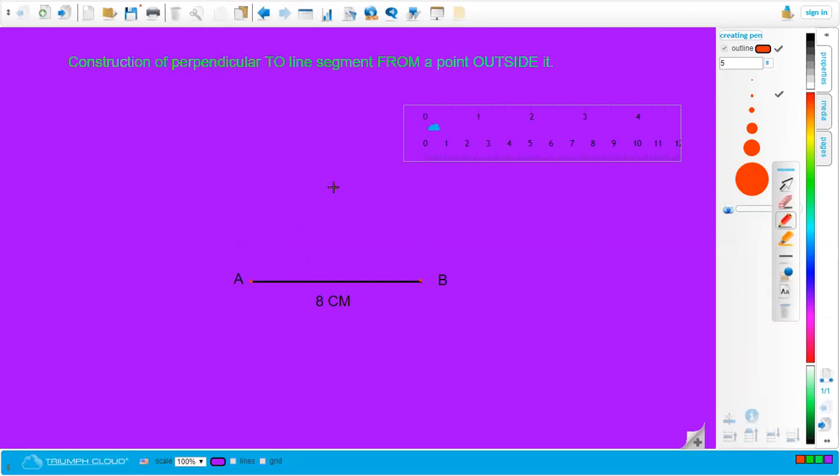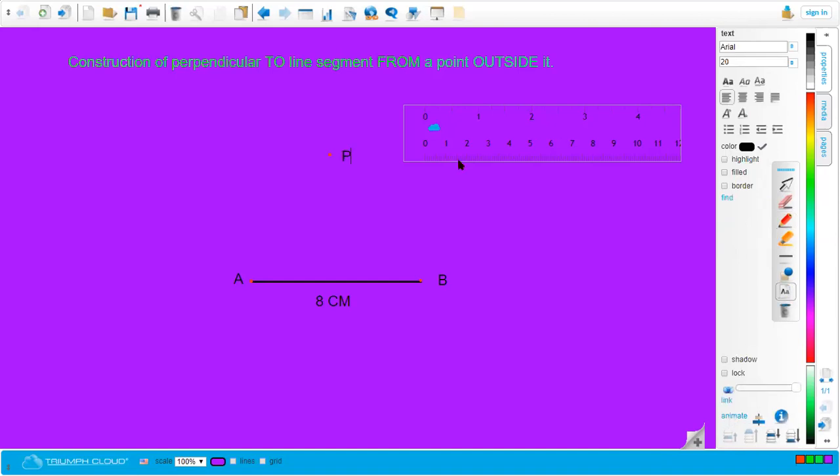Let's take one point anywhere outside it. Let's name this point P. We have to draw the perpendicular on this line segment AB from this point P.